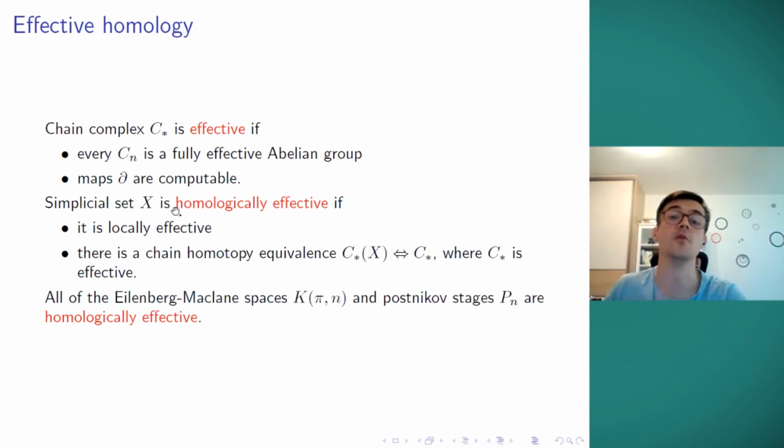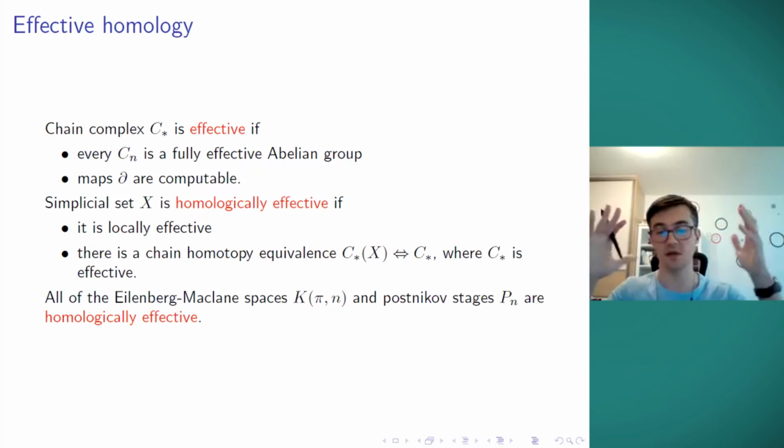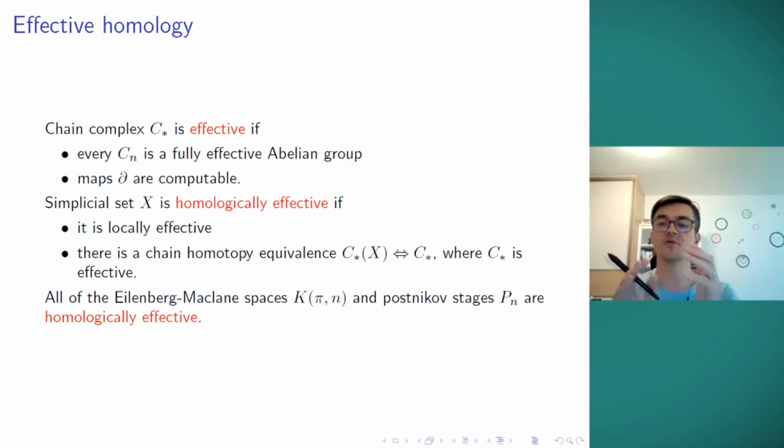But something is homologically effective if this set is possibly infinite, but there is a reduction, or strong equivalence, or chain homotopy equivalence from the chain complex of this X to something basically finite. So I can reduce this huge chain complex to a small chain complex with which I can simply compute. And that's all that's necessary for me to actually work with these spaces.